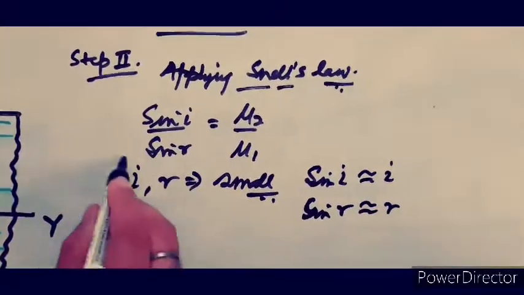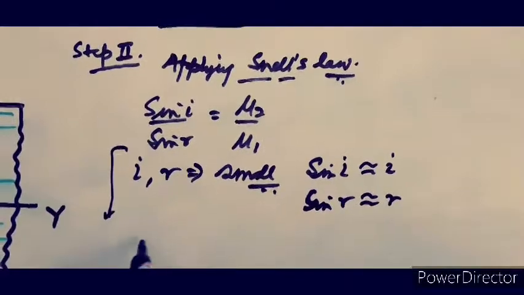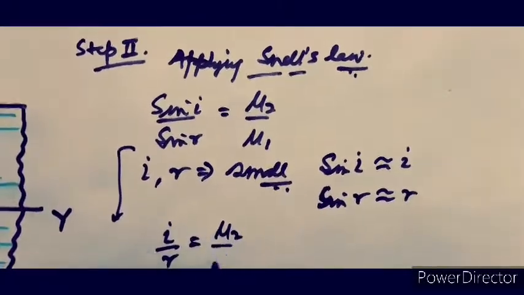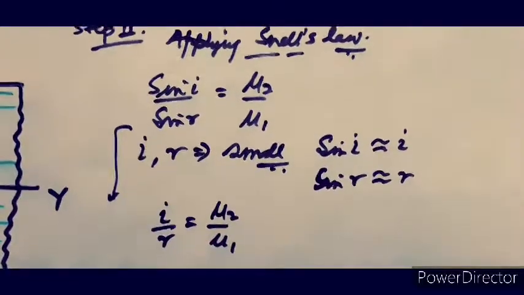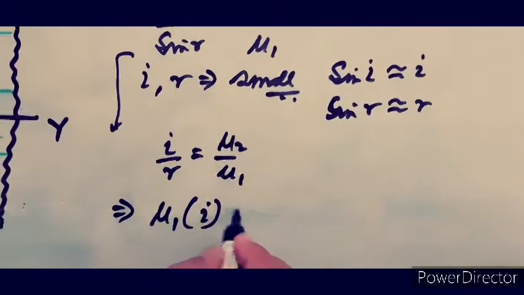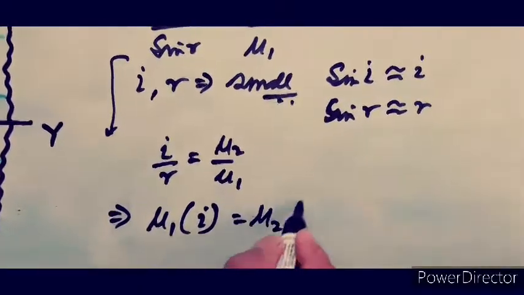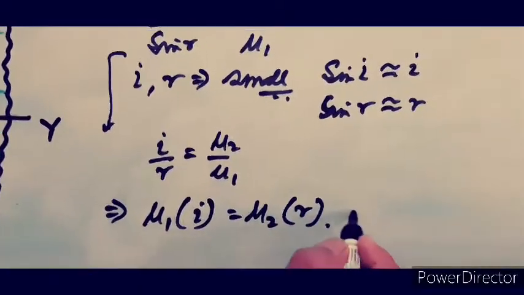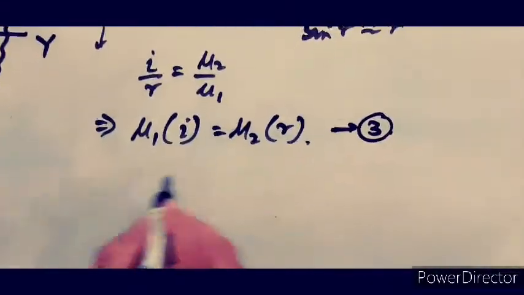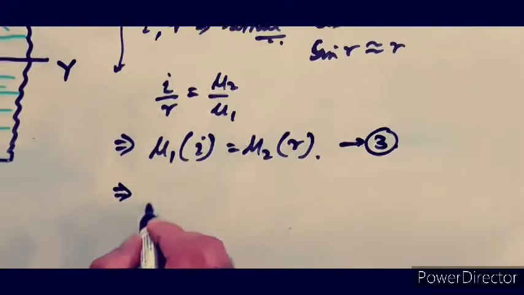So we can write this equation in this way: i by r is equal to mu2 by mu1, or cross multiply, mu1 i is equal to mu2 r. Equation number 3.